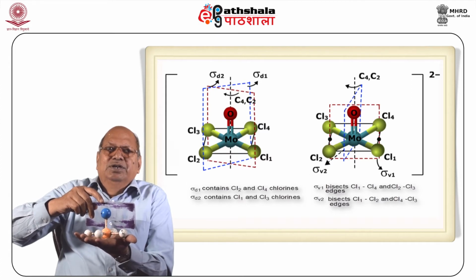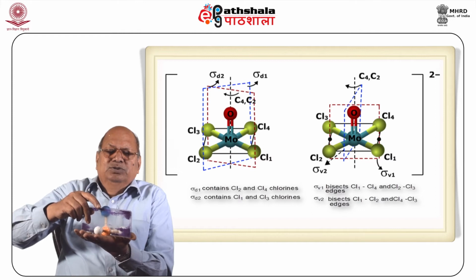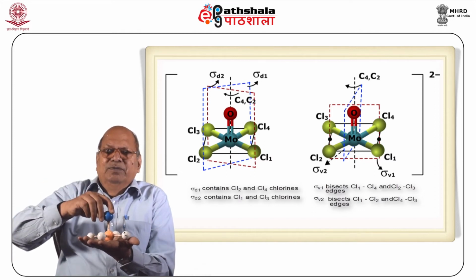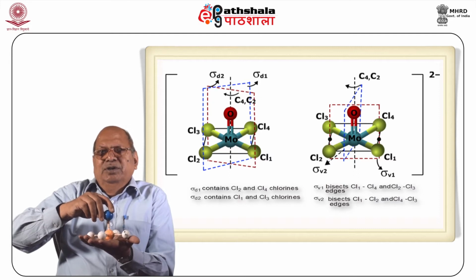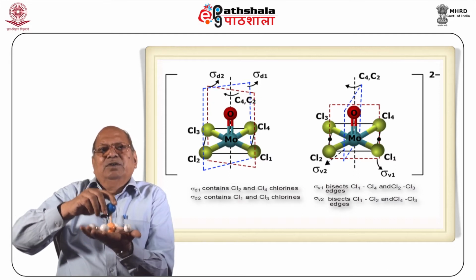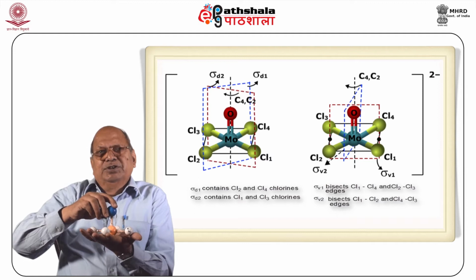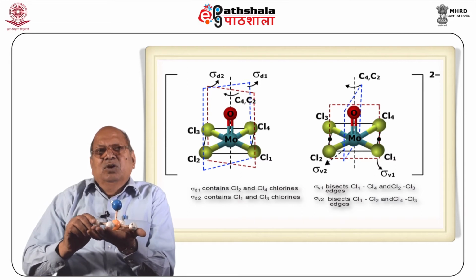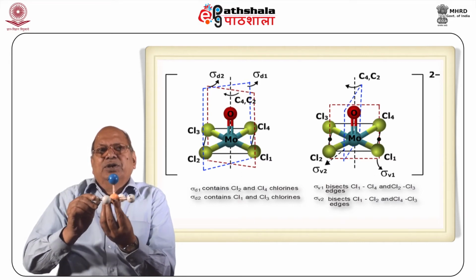So, it has sigma V and sigma D in themselves. So, it has C4 axis, sigma V, sigma D, and we will see the effect of various symmetry operations of the C4V point group on the s orbital on each and every chlorine atom.